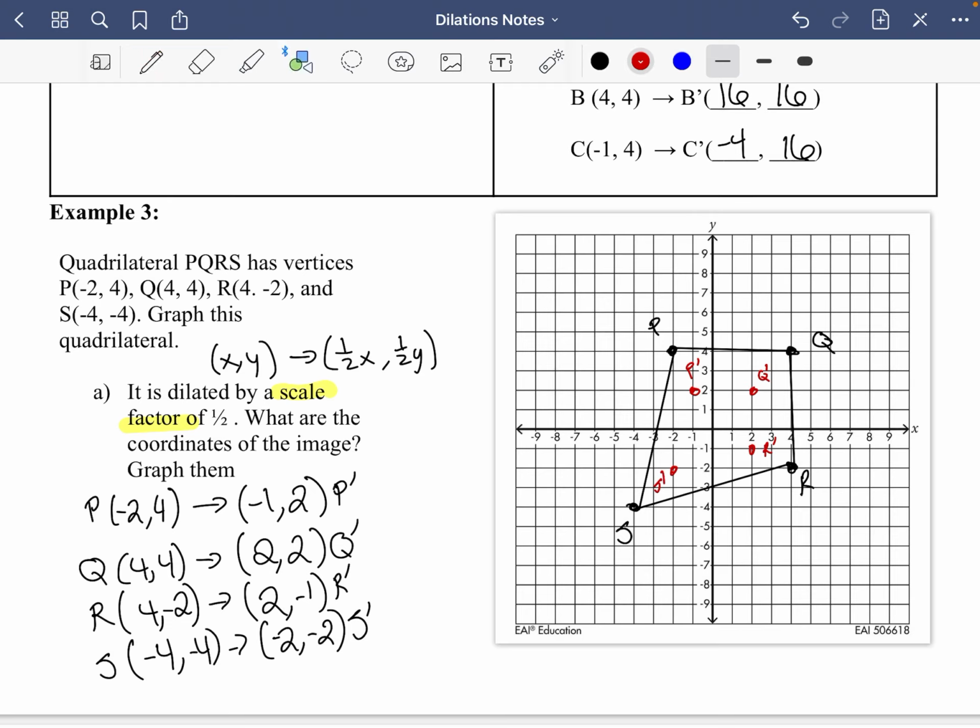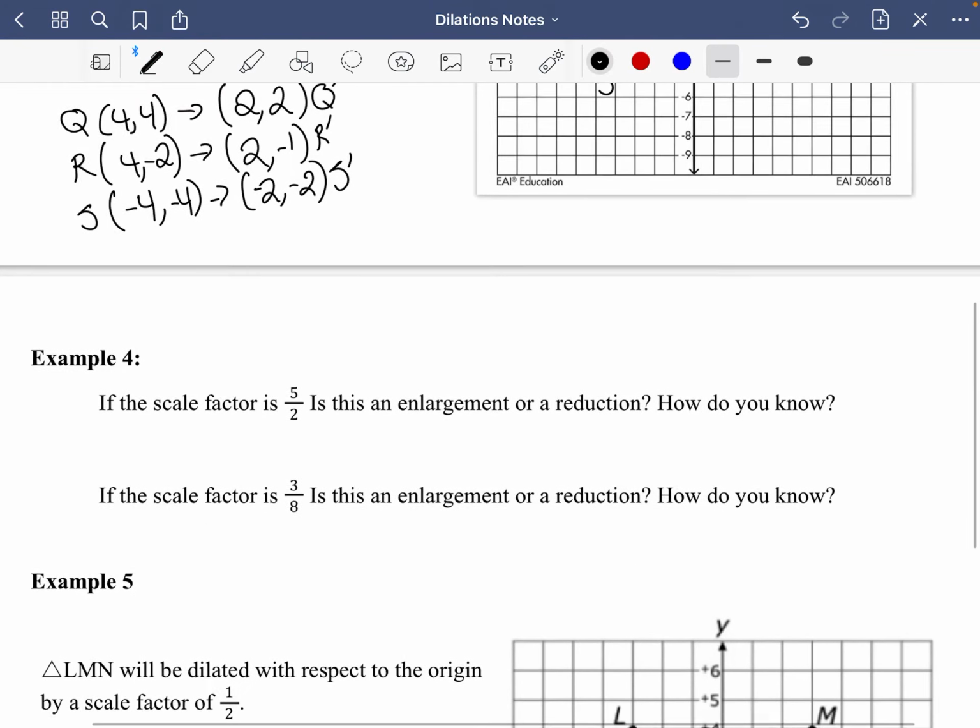So if we connect those points, we notice what happened was that the image actually got smaller. The key thing we noticed about the scale factor of 1/2 is that whenever I have a regular fraction, it makes the image smaller. So that's what happened. Let's move to the next example, example 4.